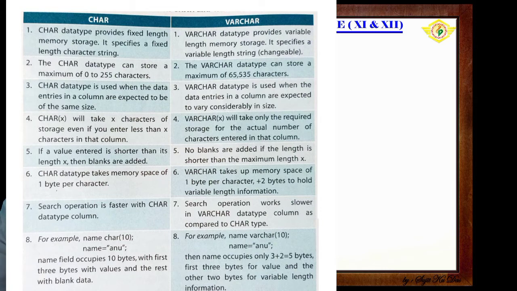In this way we can define. Character data types take memory space of 1 byte per character. Varchar is given 1 byte per character plus 2 bytes to hold the variable length information.